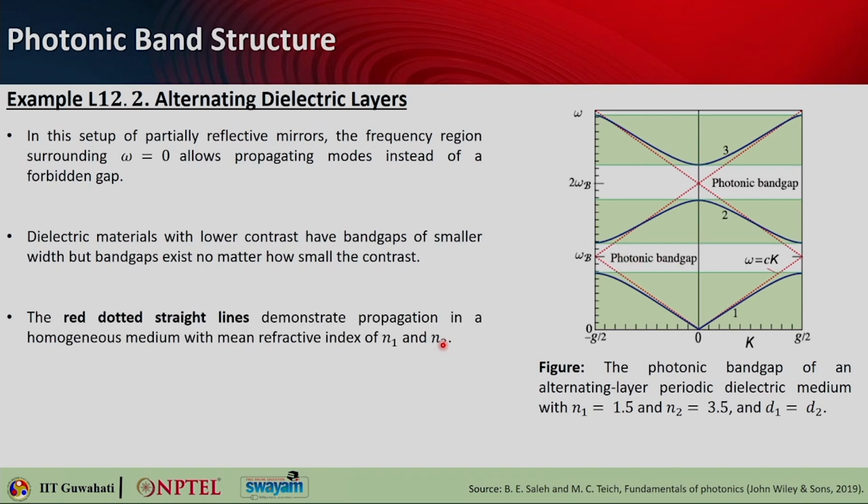So, if you want a larger band gap, you choose two materials which have higher contrast between them. And these red straight lines, as we already mentioned, show how light would have behaved in a homogeneous medium with refractive index of the mean of n1 and n2.